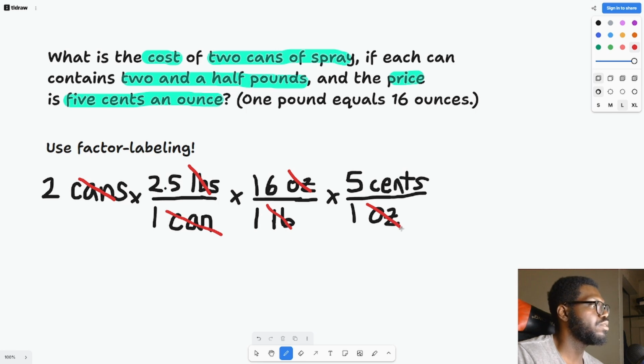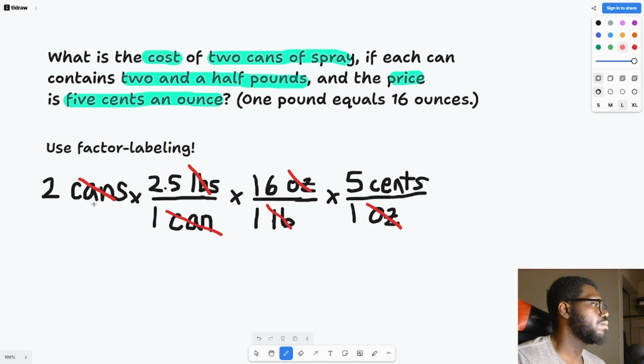The previous unit we had canceled. And from here, we could convert the cents to dollars, but I'll just stop the process at this point to make things simpler. But once we simplify this expression, we'll have the total cost of the 2 cans of spray in cents. By the way, you don't need a calculator to simplify this.